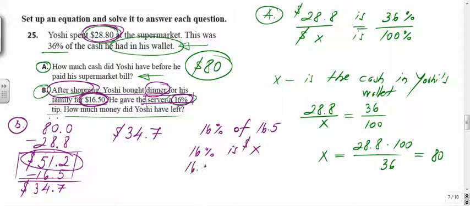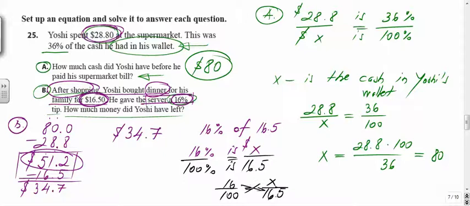Knowing that 100% is 16.5, this is your ratio: 16 over 100 equals x over 16.5. To find x, which is the tip that Yoshi gave to the server, you will cross multiply.